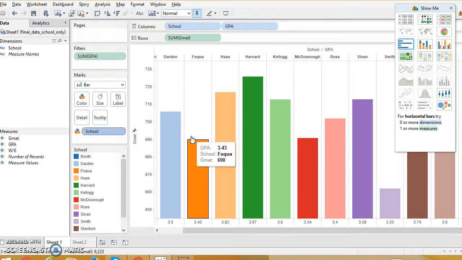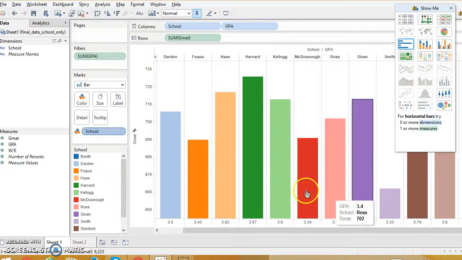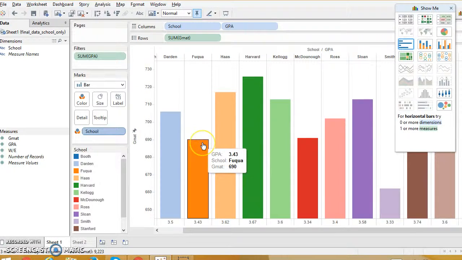Some of the most interesting findings in my visualization are the differences between some schools and other schools. When I was compiling the data within Excel, I didn't notice that there would be a significant difference between these schools.